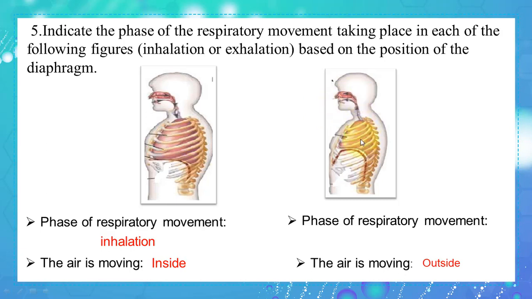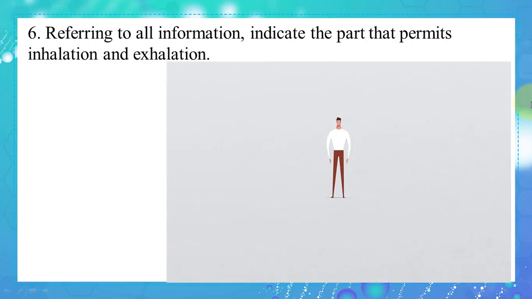The phase of respiratory movement here is exhalation. So, the position of the diaphragm can help us to identify the phase of respiratory movement if it is inhalation or exhalation. Based on all this information, now you're able to identify the role of the diaphragm.